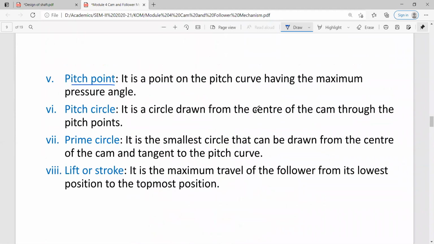Then next is pitch circle. If you want me to repeat any definition, please ask me. What is pitch circle? It is a circle drawn from the center of the cam through the pitch points.